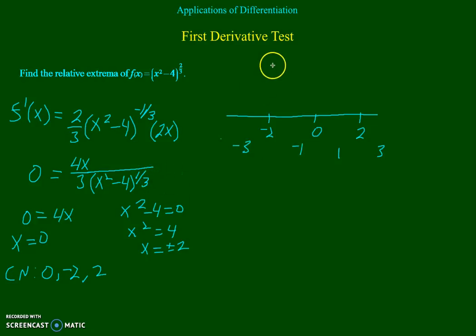So our first derivative on the interval where the negative 3 test value exists is negative, in this interval it's positive, in this interval it's negative again, and in this interval it's positive again. So here we have a minimum, here we have a minimum, and here we have a max.